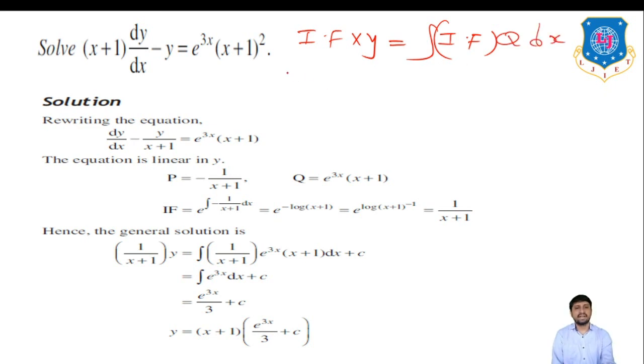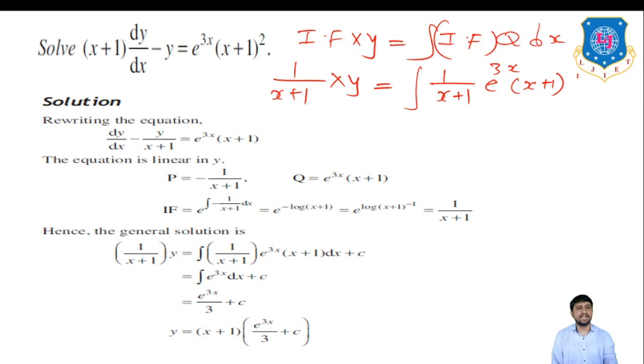So 1 upon x plus 1 into y is equal to integration of 1 upon x plus 1 into e raised to 3x into (x plus 1) dx. The x plus 1 cancels out, and now you have only e raised to 3x.